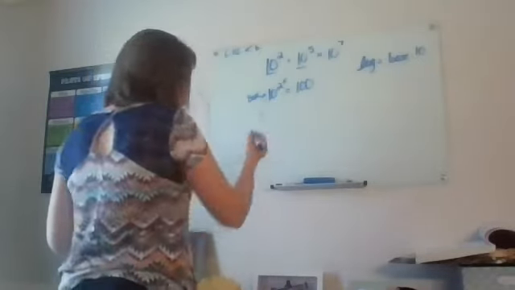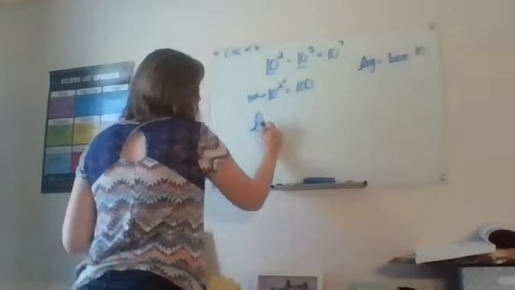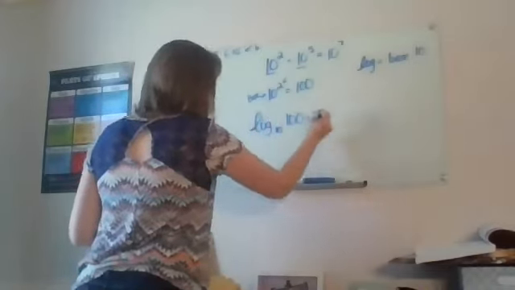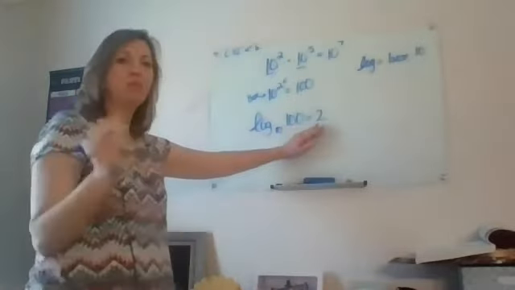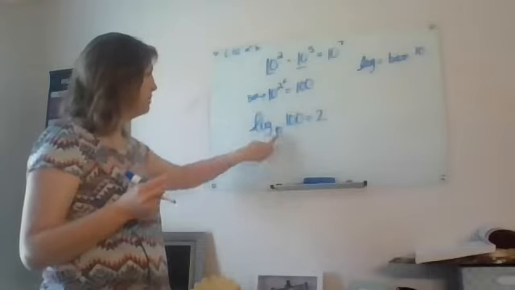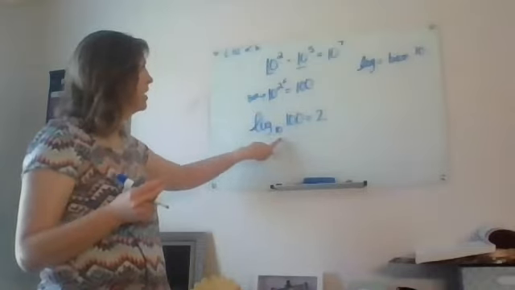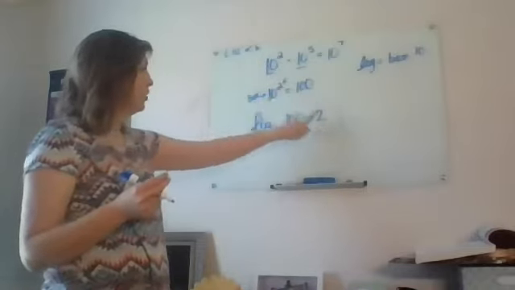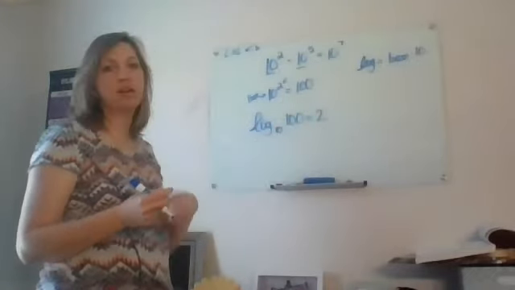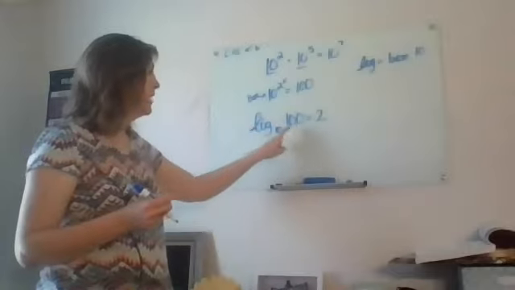All right, so your book writes it this way: log to the base 10 of 100 equals 2. Now, take a moment to think through where those went. The base 10 became the base of my logarithm, right? The exponent 2 became my answer. And 100, the anti-logarithm, is here, right?